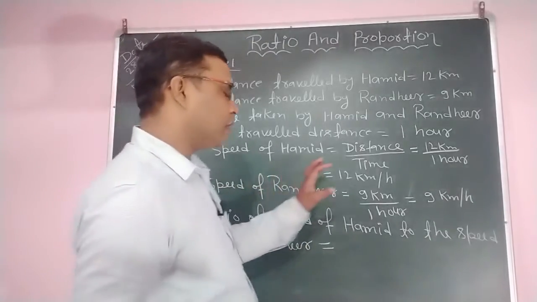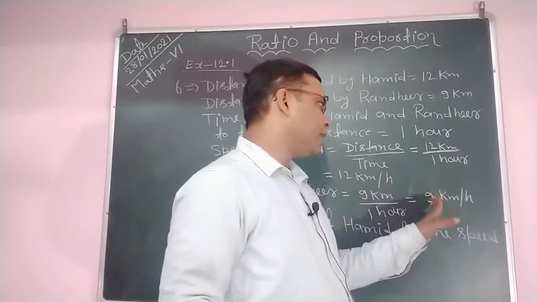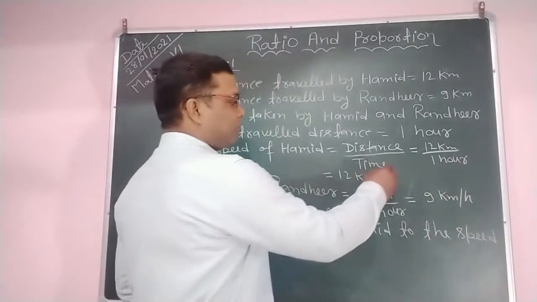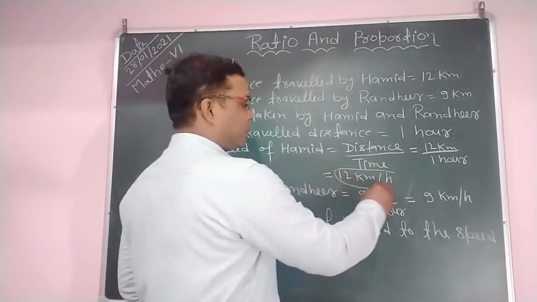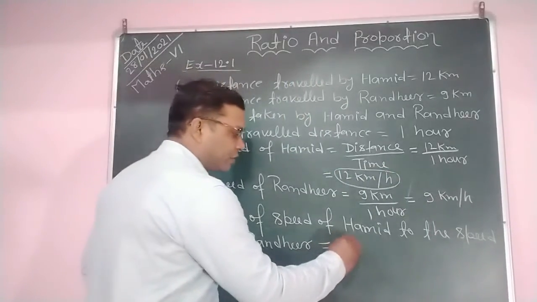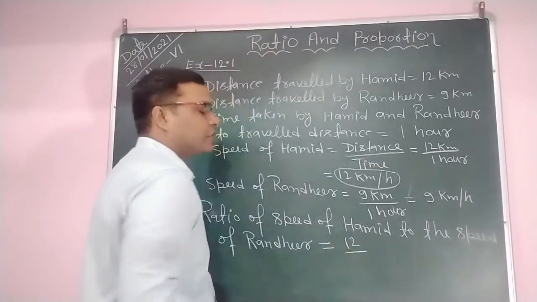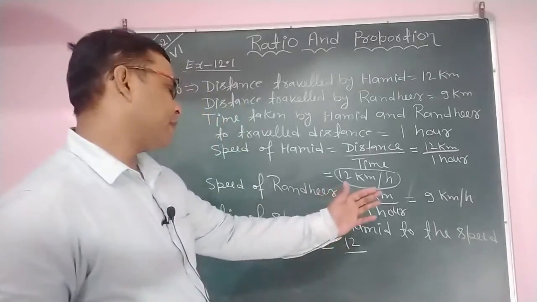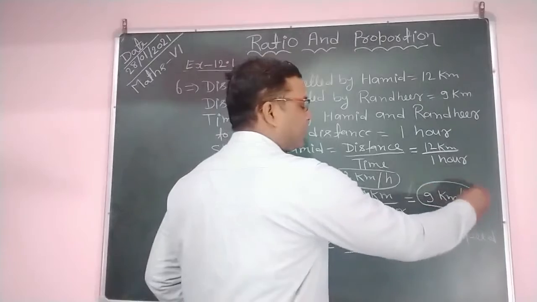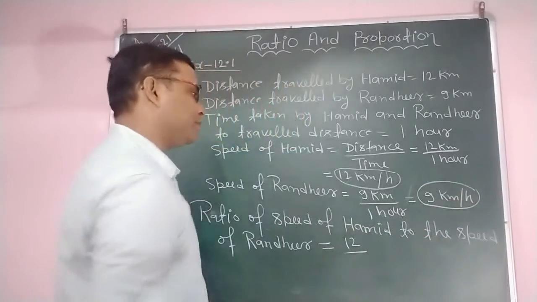Hamid's speed we found is 12 km per hour, so you write 12, divided by the speed of Randhir, which we found is 9 km per hour.